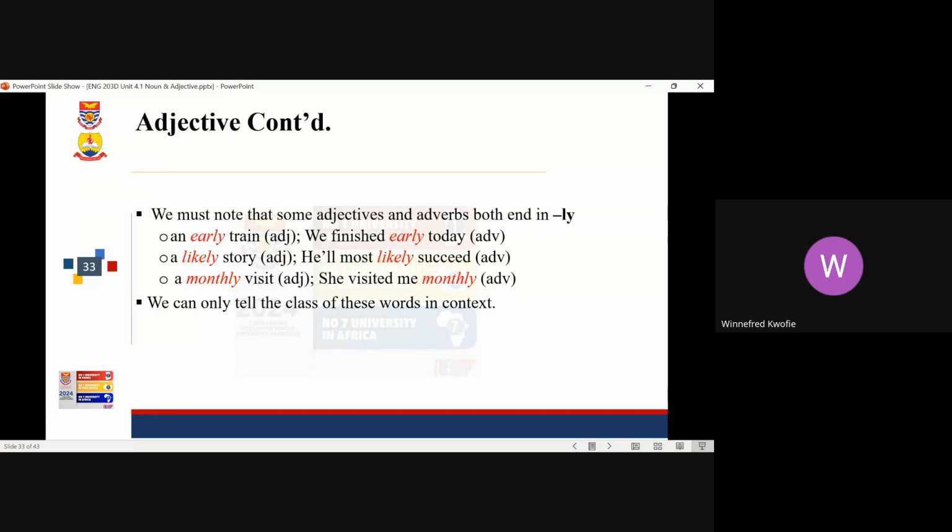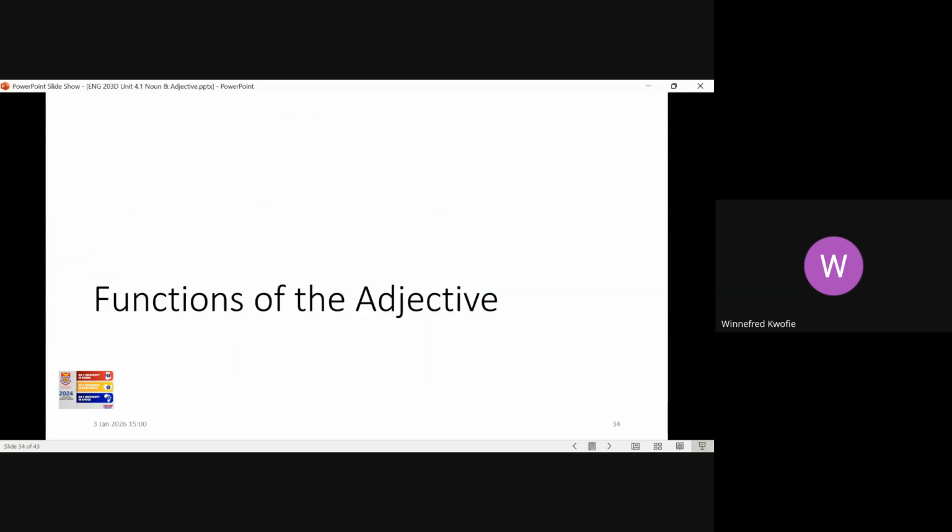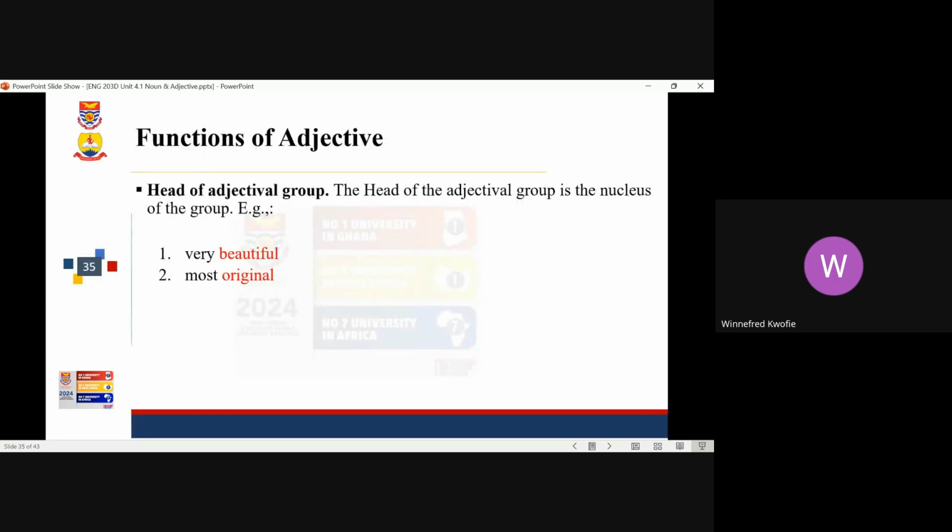The same with monthly visits, where monthly is modifying the noun visit, and then she visited me monthly, where monthly is referring to the verb visited. And so some words will have the same form, but they can be adjectives or adverbs depending on the context within which they are used. Let's look at the functions of an adjective.